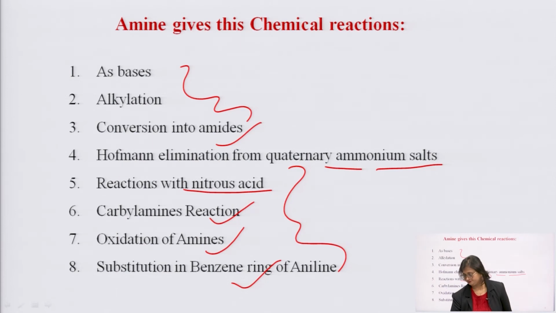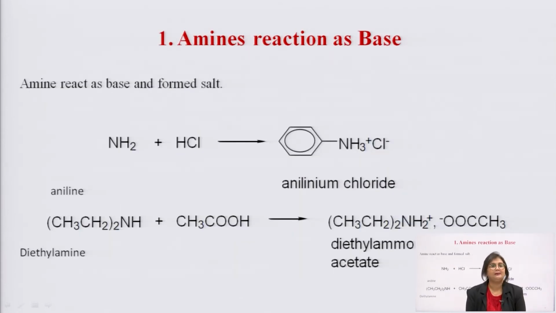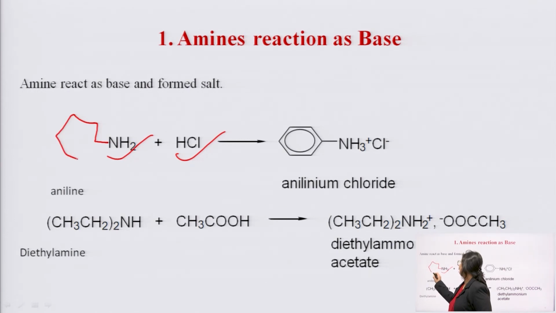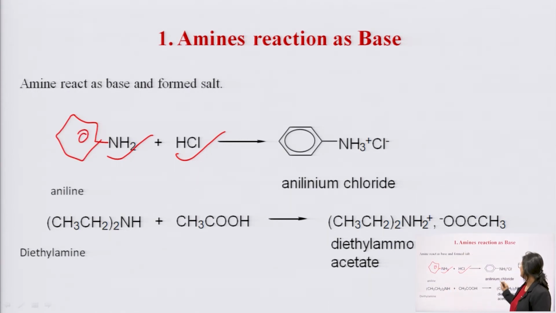All right. Now, moving on further, amines acting as base. Let us look into the first reaction, where amines react as a base and form a salt. When aniline reacts with an acid, such as hydrochloric acid, it acts as a base and forms its corresponding salt, anilinium chloride.